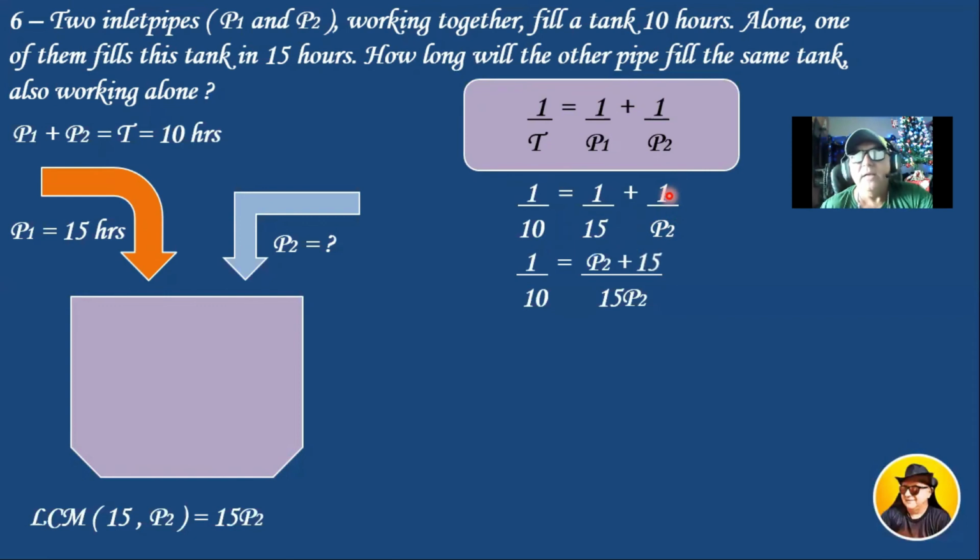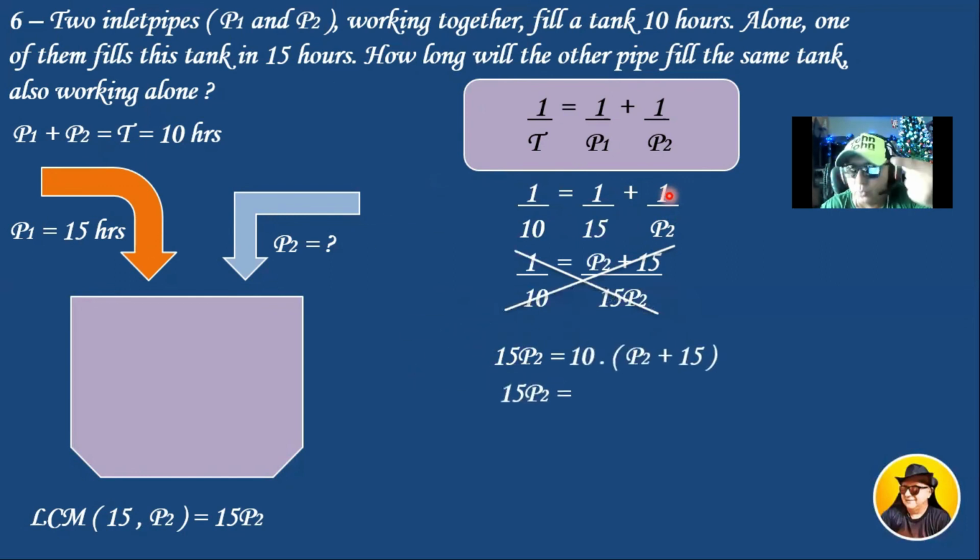All right, now see, 1 times 15 P2 is 15 P2. Here it is: 10 times P2 plus 15, I'm going to organize like this. Okay, and now I'm going to repeat 15 P2, and now I'm going to multiply. 10 is going to multiply both P2 and 15, this way. 10 times P2 is 10 P2.